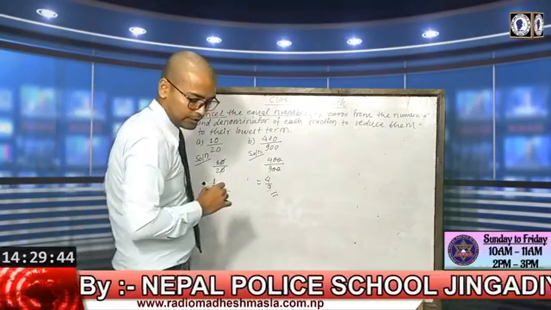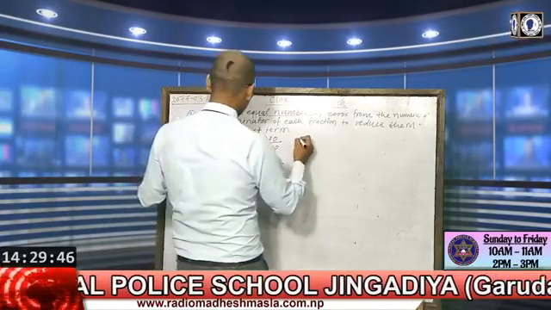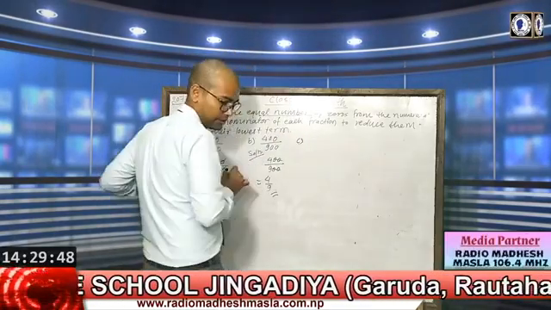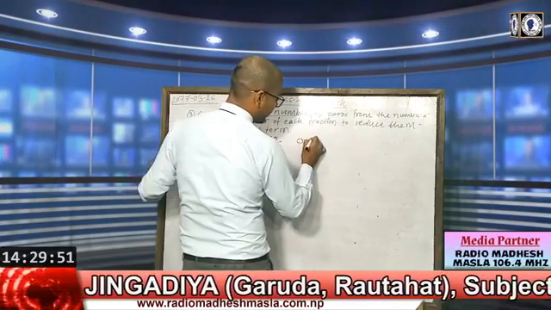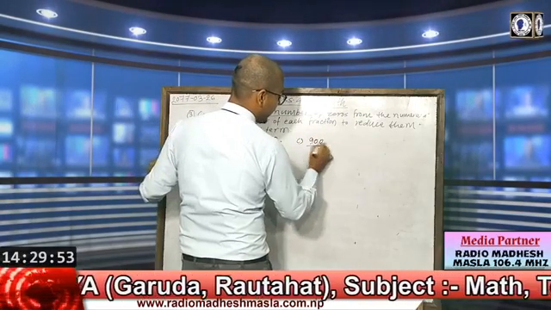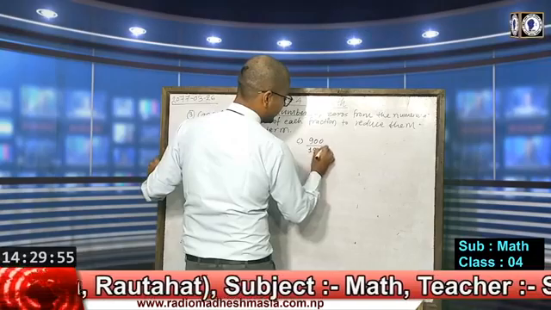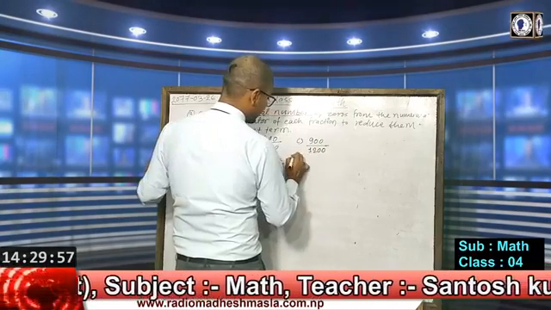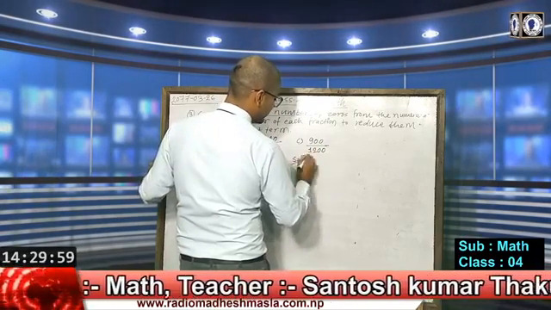In the same way, suppose we have question number C. Sometimes we are given a question like this: 900 by 1200. Again we should first cancel the zeros.